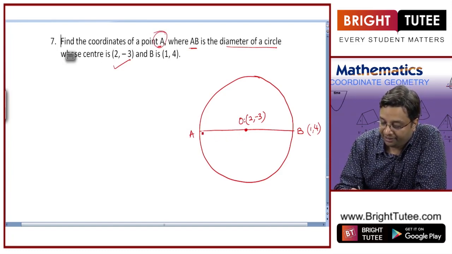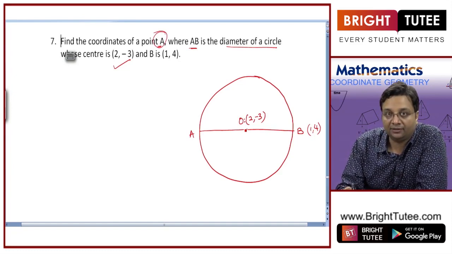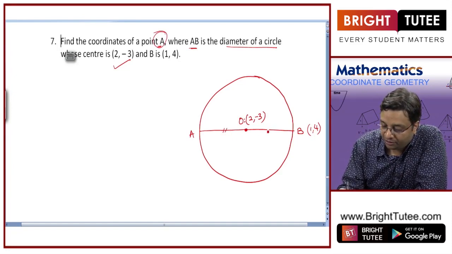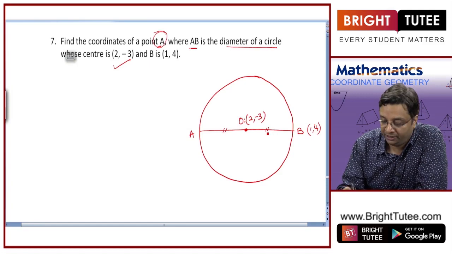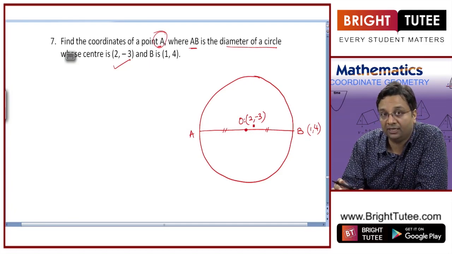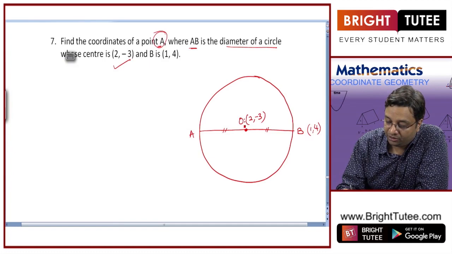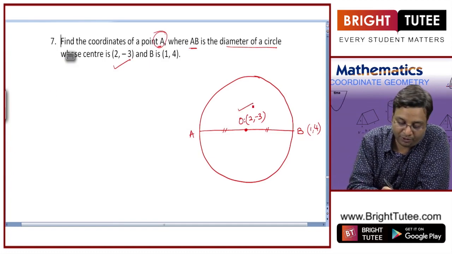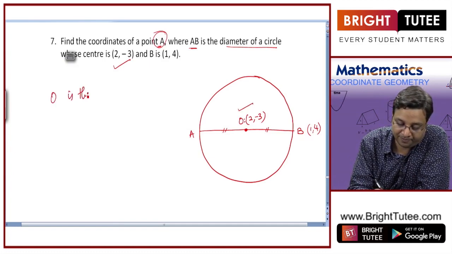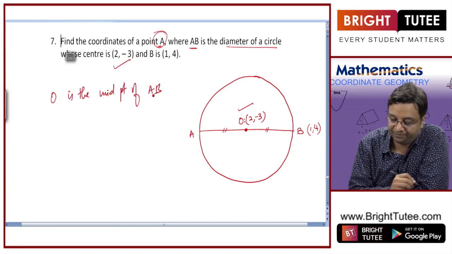What will happen is AB is a diameter, O is the center, right? So these two segments are equal to each other, right? OA is the radius, OB is also the radius, right? The center of the circle divides the diameter equally. It bisects the diameter. So this point O is the midpoint of segment AB.